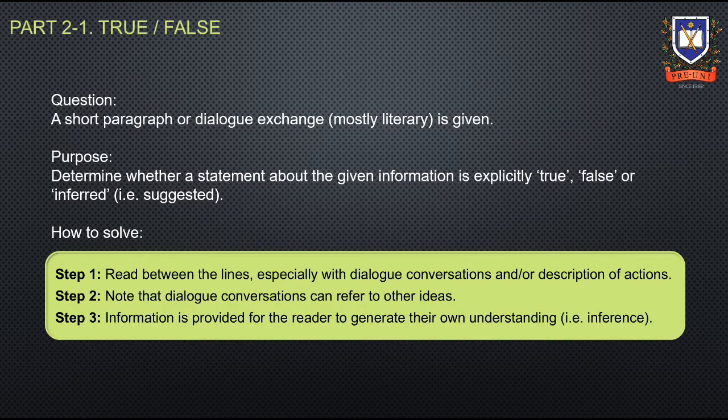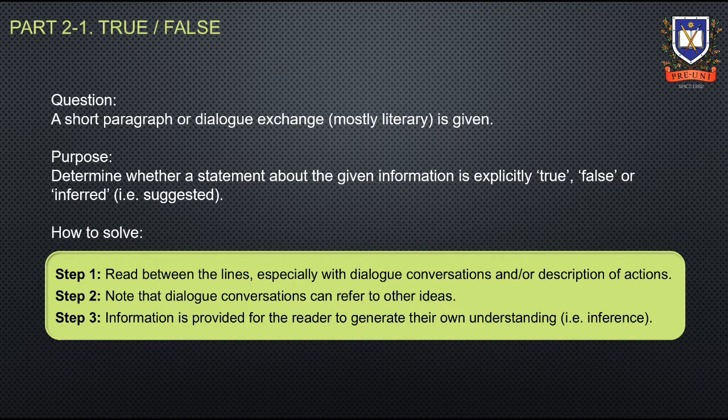Okay, so in this video, the first question type we're going to be looking at is our true and false questions. For these questions, we're going to be reading a short passage, and this could be a descriptive passage or it could also be some dialogue between a couple of people. Now, these questions are going to be fictional or literary passages rather than the factual passages we saw in the previous video.